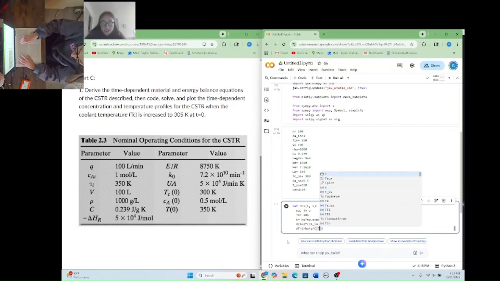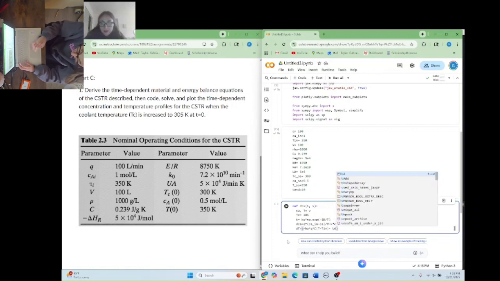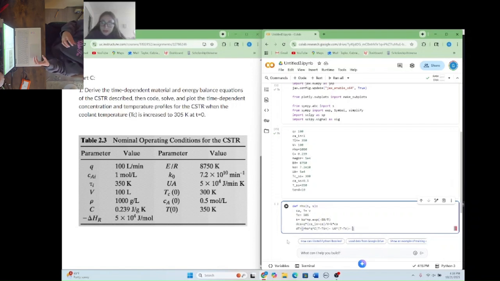And then we had our T minus our T in. And then we subtracted our UA times our T minus our TC. Minus, right? So that's our heat transfer.